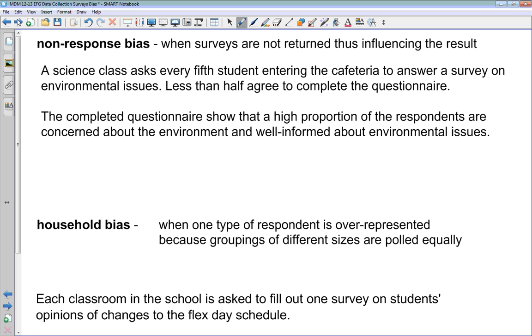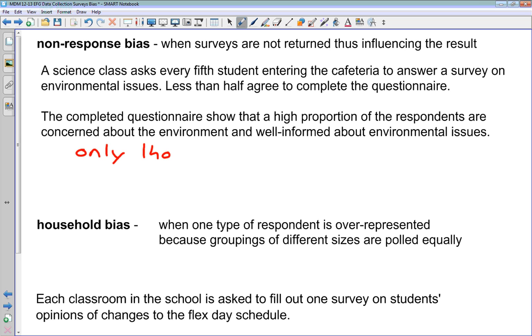non-response bias? Well, first, a large fraction of the people did not complete the questionnaire. Less than half agreed to complete it. Okay. How do you think the fact that most people didn't respond to the survey has affected the results or the conclusions? Yeah, exactly.